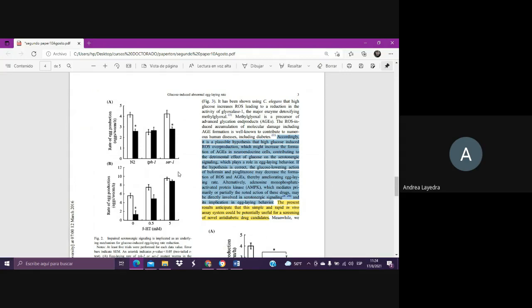In this figure, you can see that glucose feeding had no further effect on the egg-laying rate of these mutant worms, suggesting that the glucose-induced EGL phenotype of N2 worms was dependent on serotonergic signaling. Further, they used SER-1 mutant worms.